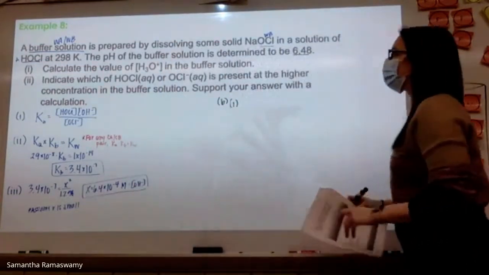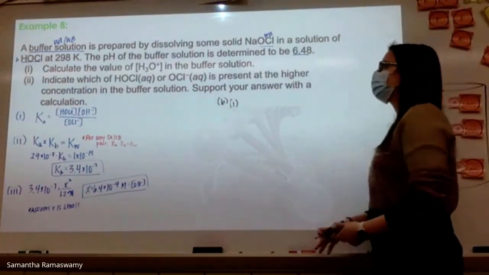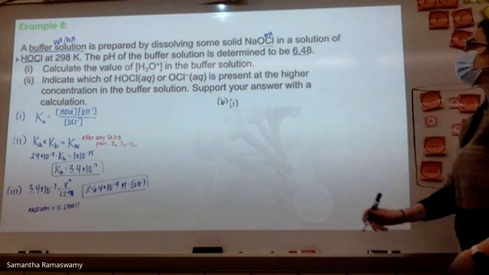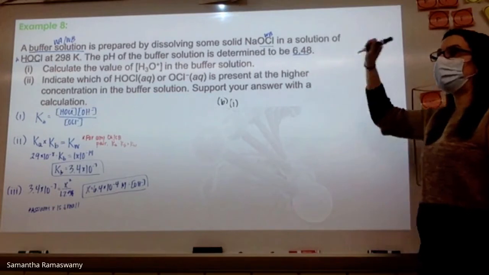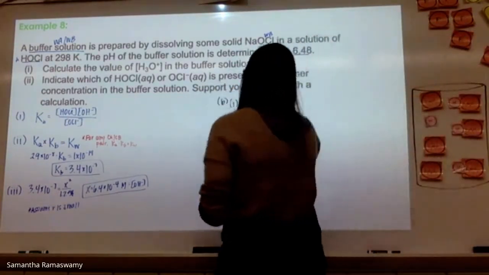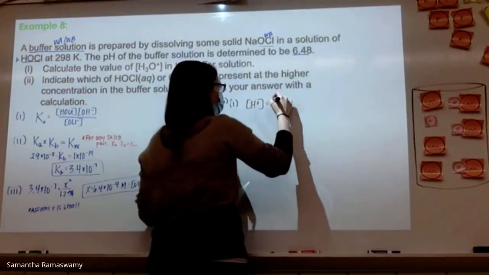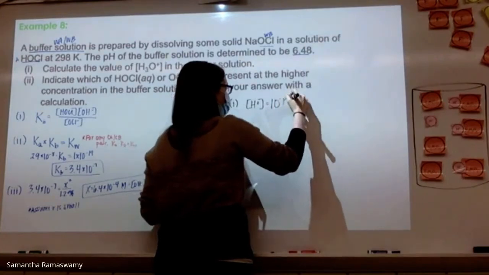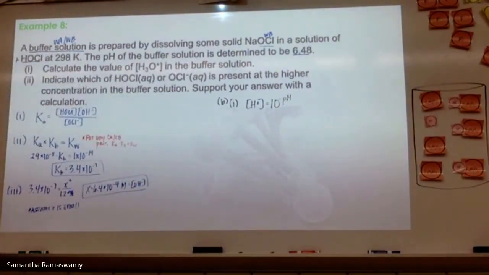You have pH. Think about how, if you have pH, you can go backwards to H plus. Well, remember, H plus is 10 to the negative pH. When we find the pH of the buffer, we take the negative log of H plus. Well, if they give us the pH, we can actually just do 10 to the negative 6.48.